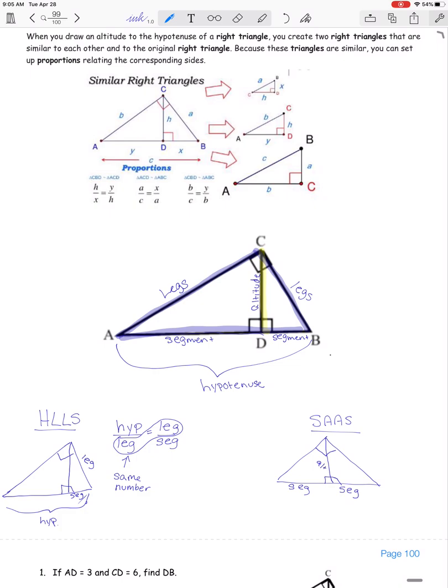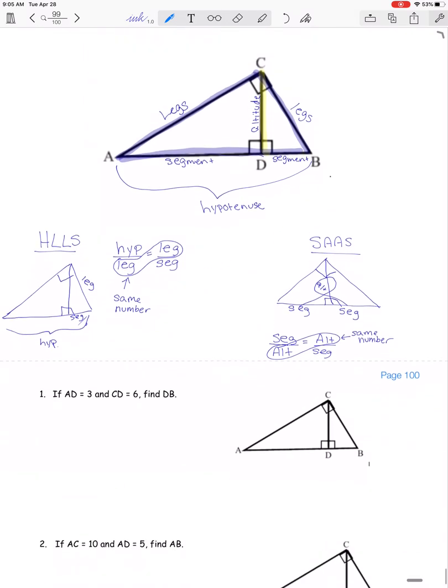I like this one because you can do a loop-de-loop. Okay. So when we have SAAS, your proportion is going to be segment over altitude equals altitude over segment. So again, these will be the same number. Or if it's X, they're both going to be X.